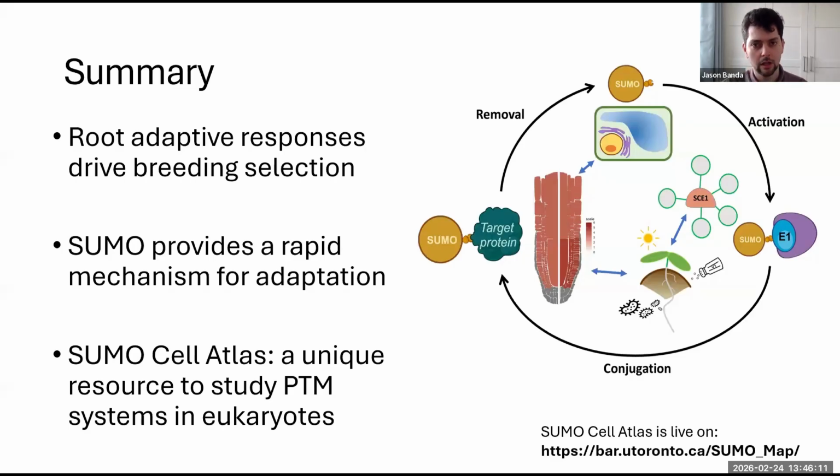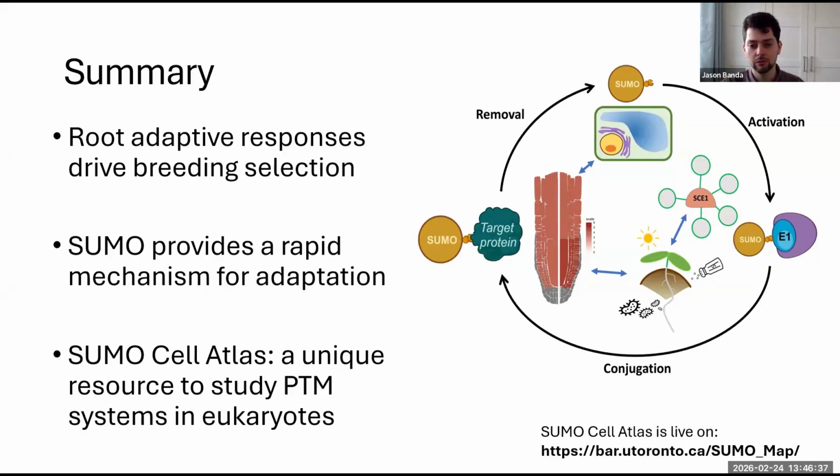So with that, I would like to start summarizing the talk. I hope I showed you the importance of root adaptive responses, and that some of these adaptive responses, like hydropatterning, have been driving breeding selection. I would also like to hope that I convinced you that SUMO is a very neat model of a rapidly changing protein activity.